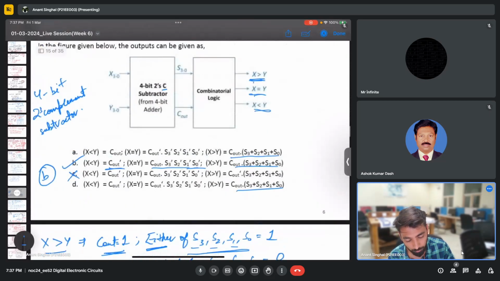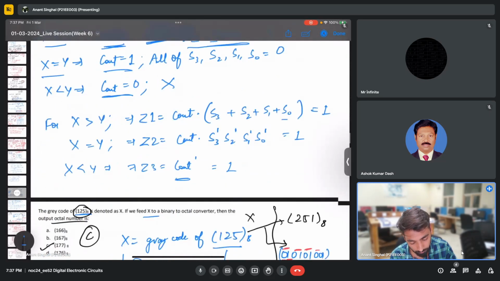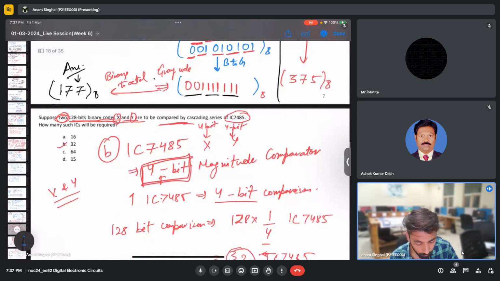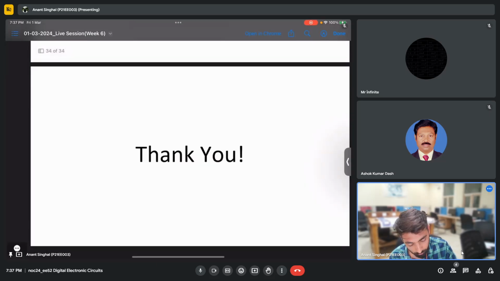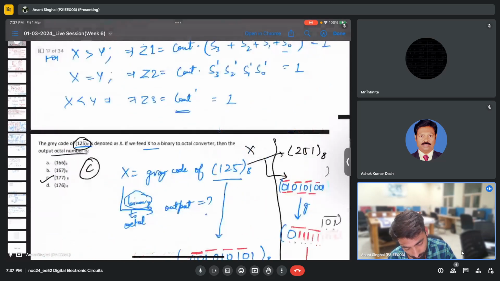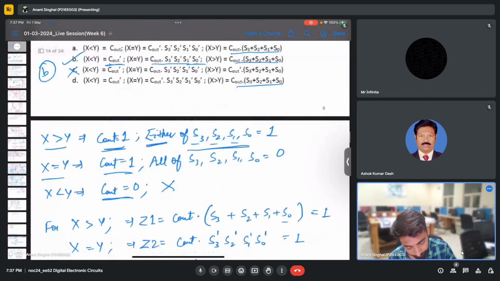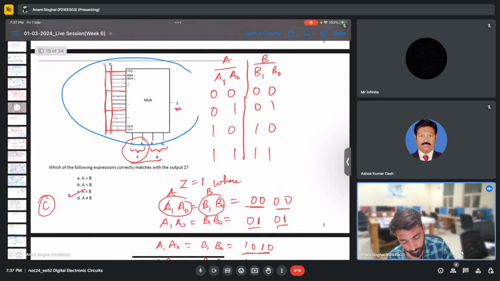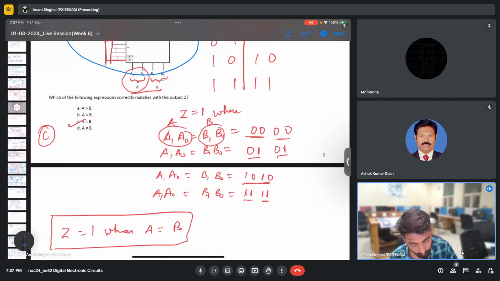Similarly, we read 4-bit comparators and some of the important relations. Then we did a few questions on binary to gray conversion and binary to octal conversion, and then we read about the IC 7485.